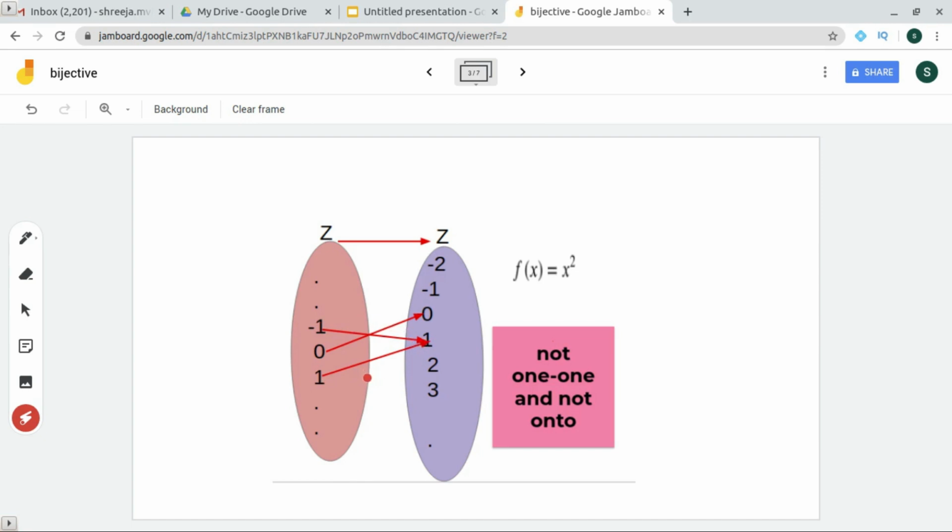So this function is not one-one. x1 is not equal to x2, but f(x1) equals f(x2). Now the negative numbers minus 1, minus 2 have no preimage. So 2 has no preimage and 3 has no preimage, etc. So this function is not onto. So this function is not one-one and not onto.